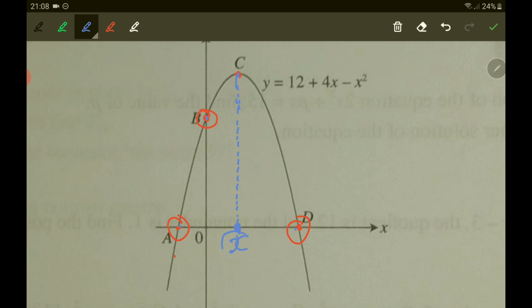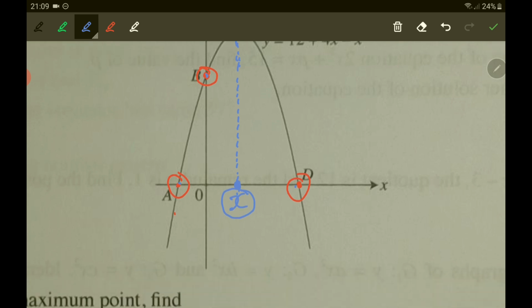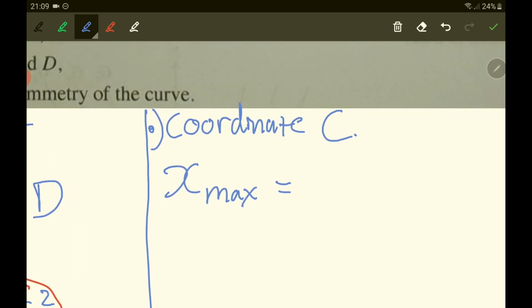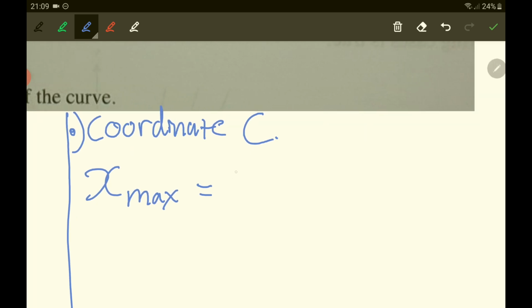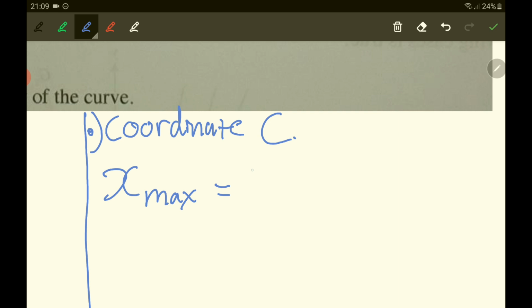So if you want to find this coordinate, you just need to find the average of the values of A and D. To find the x coordinate of the maximum point, we need xa plus xd, divided by 2.